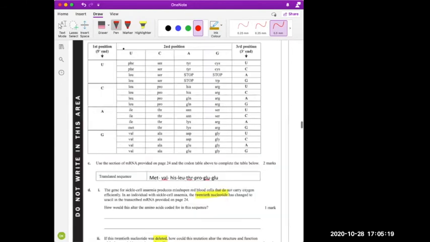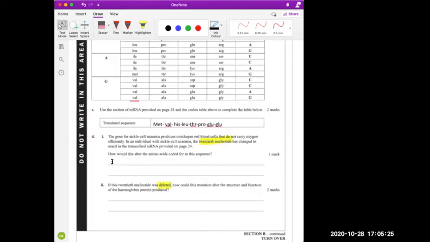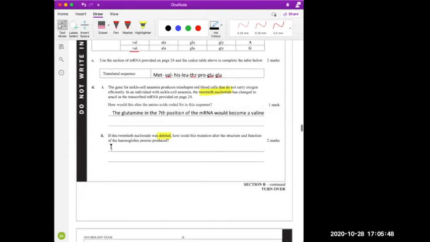So if you're looking for GUG, that's valine. So how will this alter the amino acids coded for this sequence? Well, the glutamic acid in the seventh position of the mRNA would become a valine. Or would be replaced by a valine.